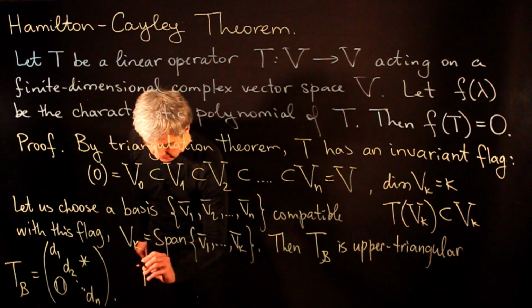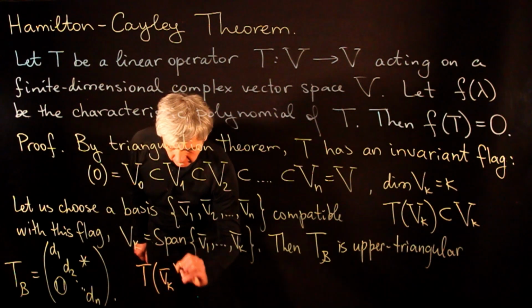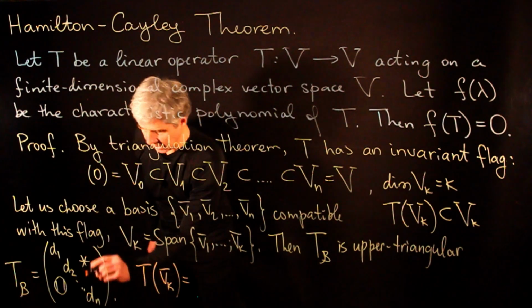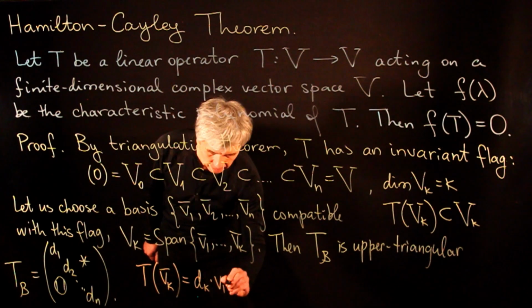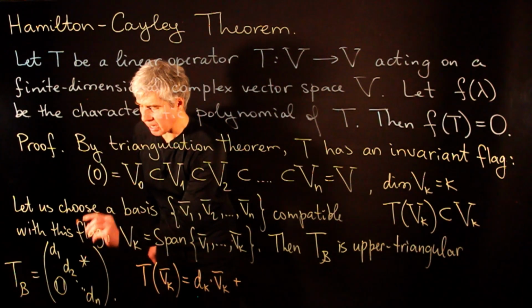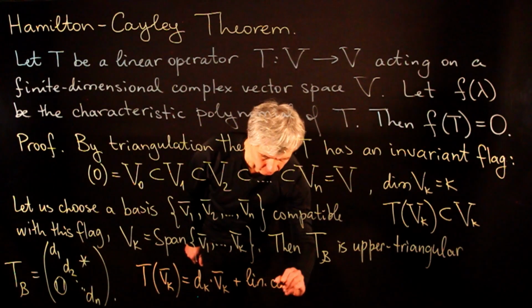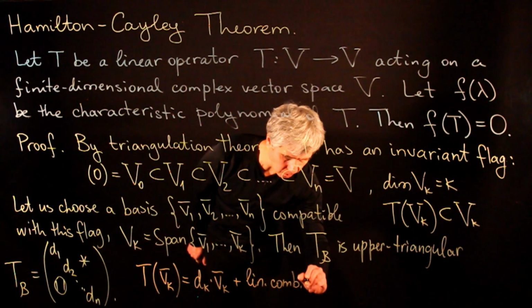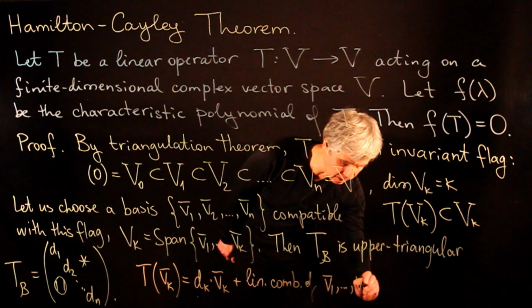And in particular, we have that T acting on a vector vk is equal to, well, the diagonal term will correspond to dk times vk, plus we have the terms that are above dk. So this will be a linear combination of vectors v1 through v(k-1).